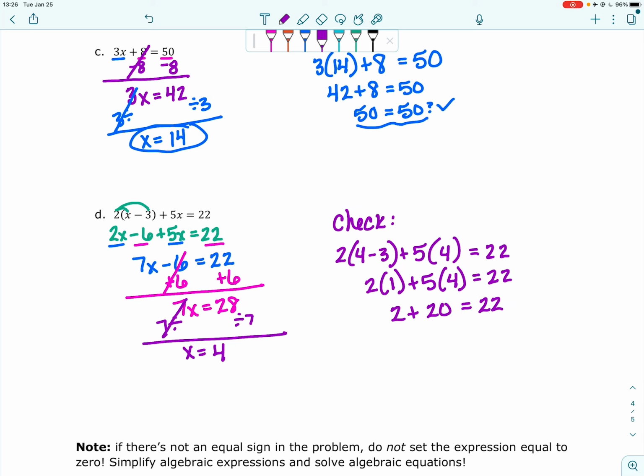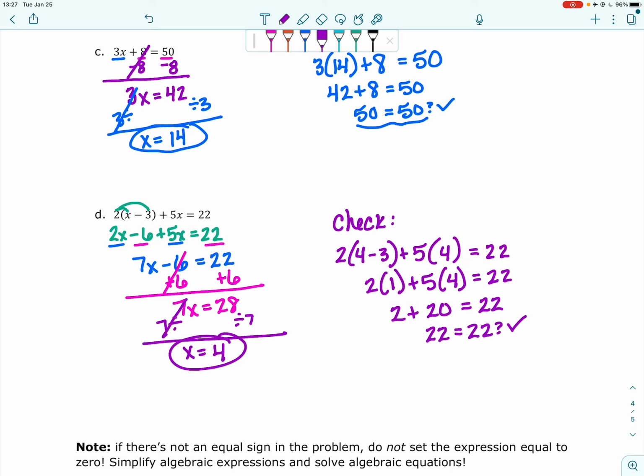Does that equal 22? 2 plus 20 is 22. Does 22 equal 22? It sure does. x equals 4. That last one I would say is harder than anything you're likely to see, but maybe not, but probably.